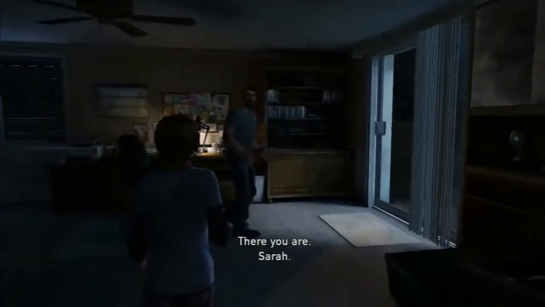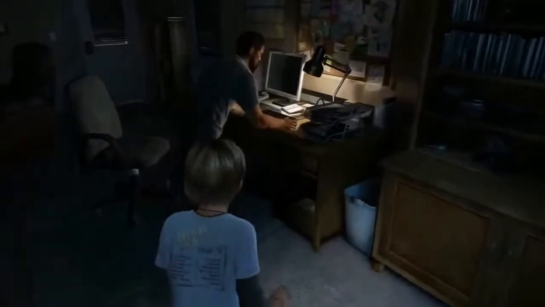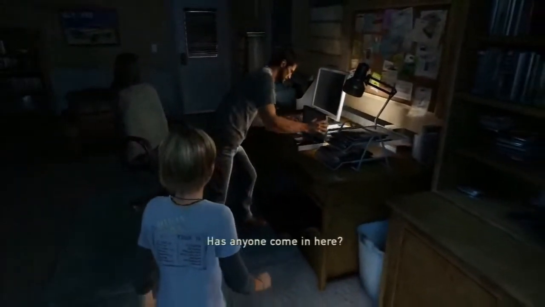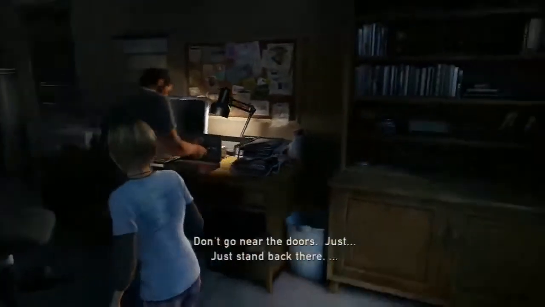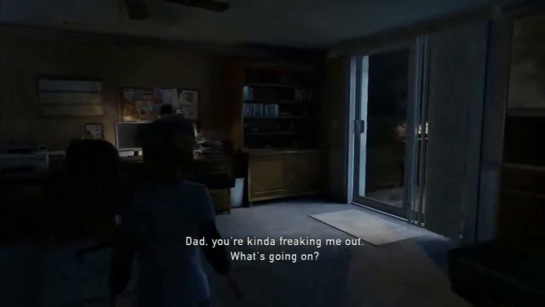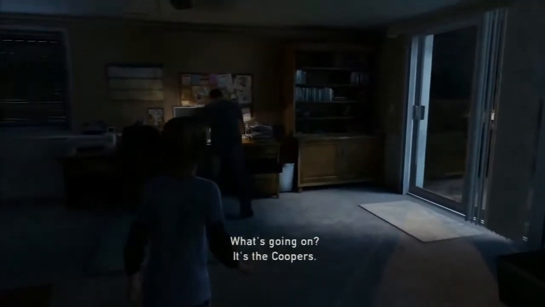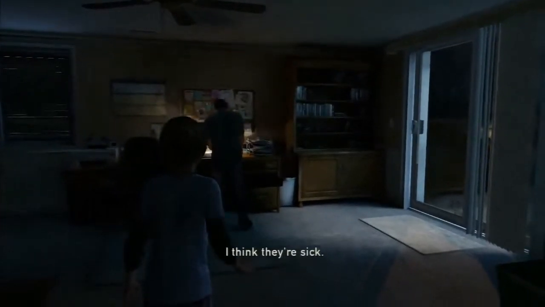There you are. Sarah, are you okay? Yeah? Does anyone come in here? No, who would come in here? Don't go near the doors. Just stand back there. Dad, you're kind of freaking me out. What's going on? It's the Coopers. Something ain't right with them. I think they're sick. What kind of sick?